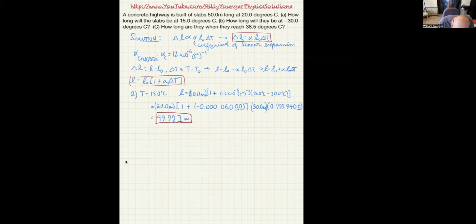Part B, we're going from 20 degrees Celsius to negative 30. So we begin as follows. Write down the B here. And we're going to say T is equal to negative 30.0 degrees Celsius.